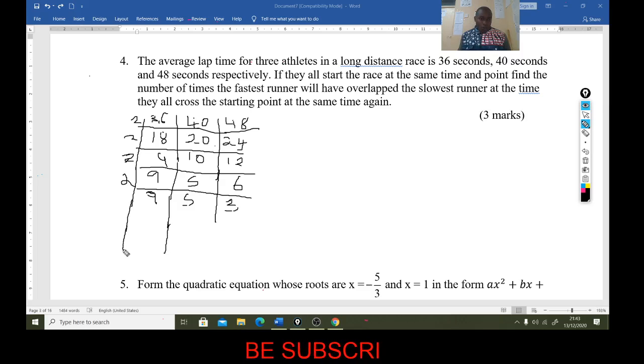Now we continue. 2 cannot go into a number here, so we think of 3. 3 can go into 3, of course, and 9.